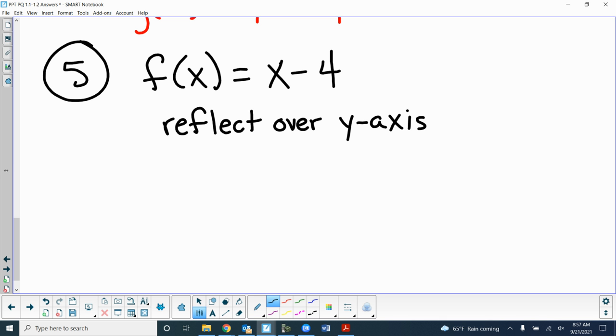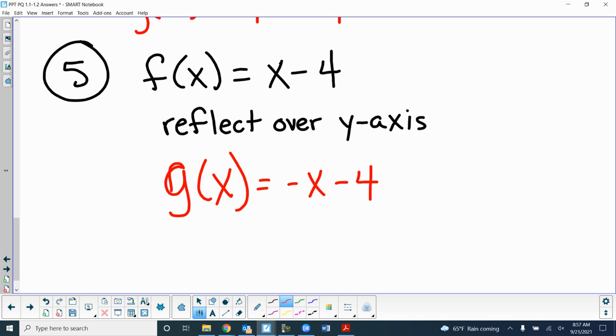Okay, that's when we change the x, right? It's the opposite. So all I'm doing, oh, this is g, right? Is taking the opposite of that x. That's all you have to do.